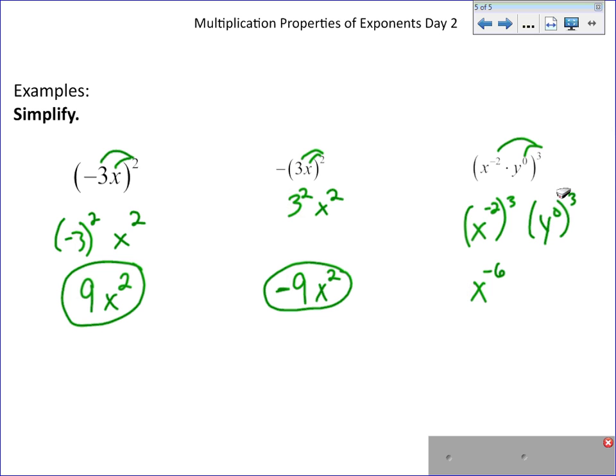And then y, this is also a power of a power. 0 times 3 is 0, so we get y to the 0. And again, for now, we're going to keep this y to the 0 as just y to the 0. Tomorrow we will talk about what that exactly simplifies down to, and how we can take this one step further. And for today, this is where we're going to stop.